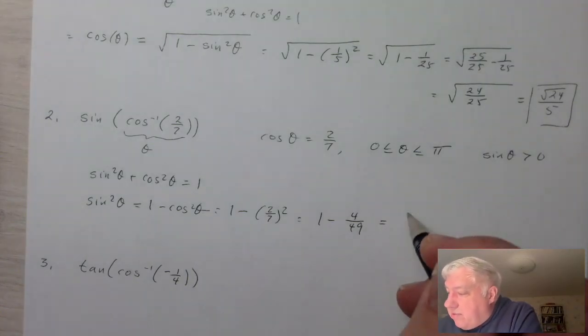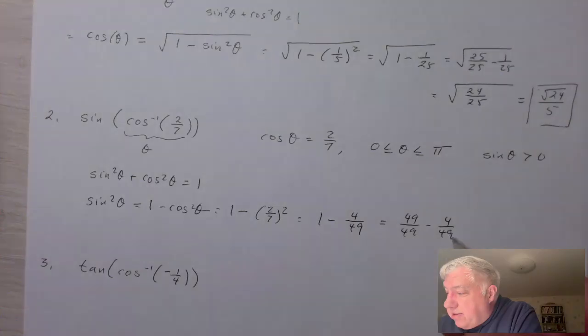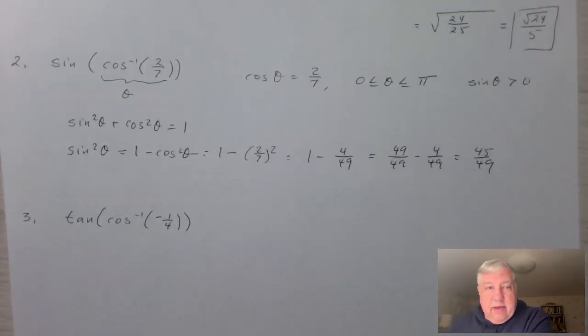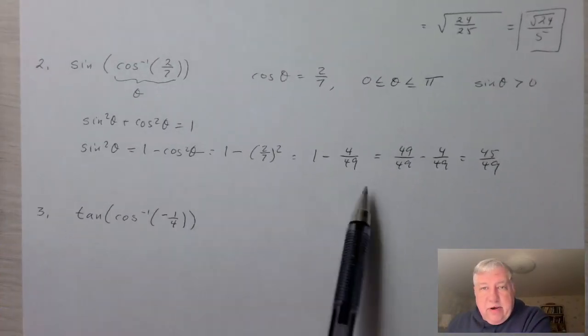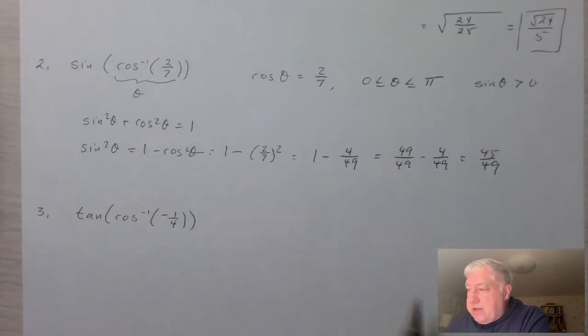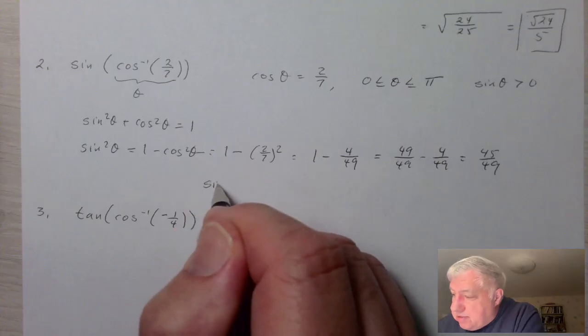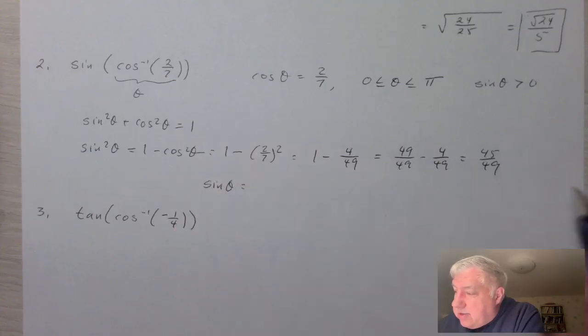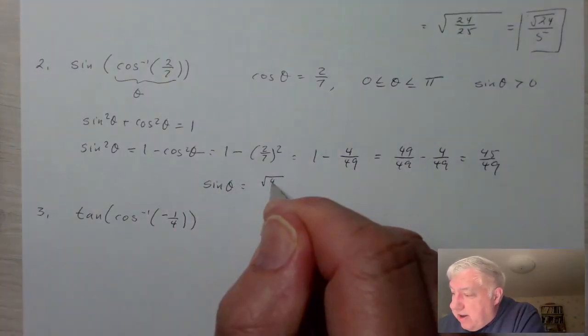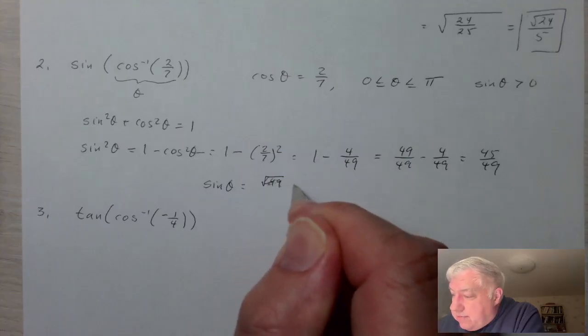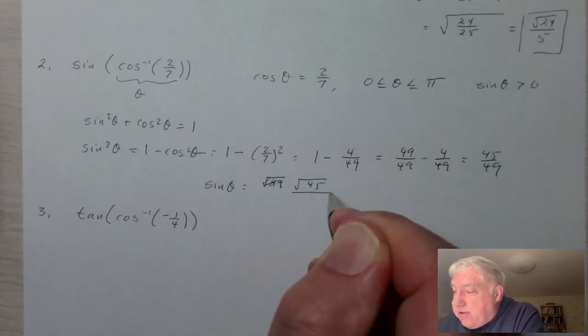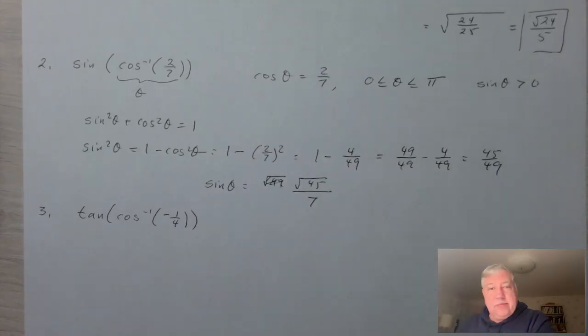And this is 49 over 49 minus 4 over 49. So this is 45 over 49. And so that's what sine squared is, and because sine is positive, we take the positive square root. So the sine of theta is the square root of 45 over the square root of 49, which is 7. So that's our answer.